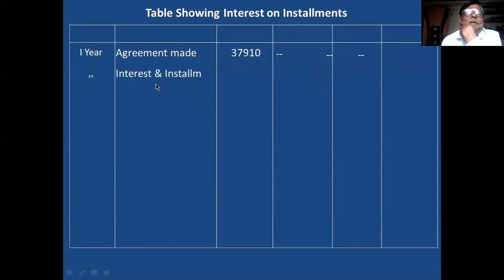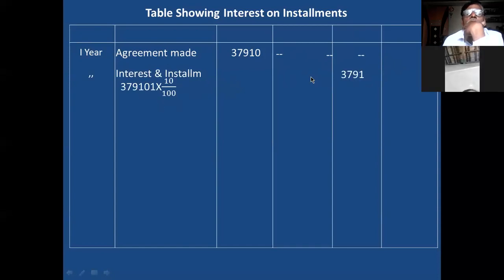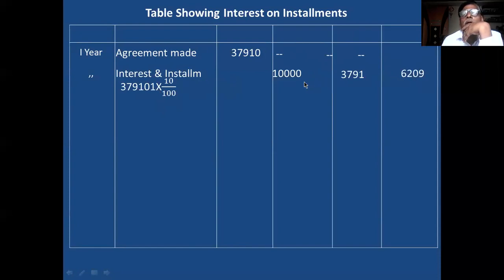Then second interest and installment. You calculate interest, record in the interest column, then installment in the installment column, then installment minus interest is equal to principal. This is the first method. First year completed, you take the balance. Second year, calculate the interest on the balance.